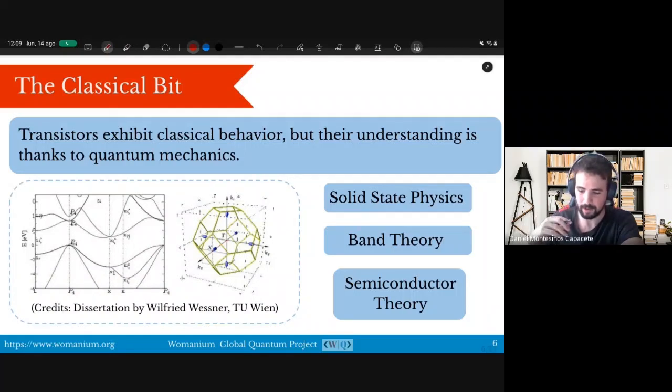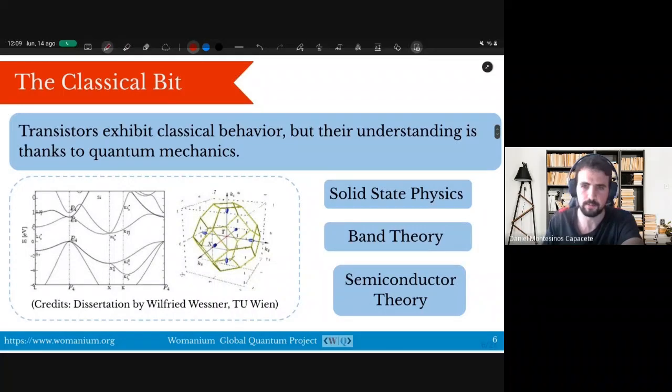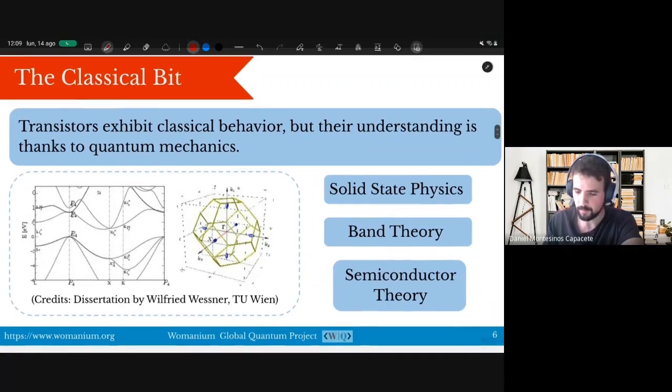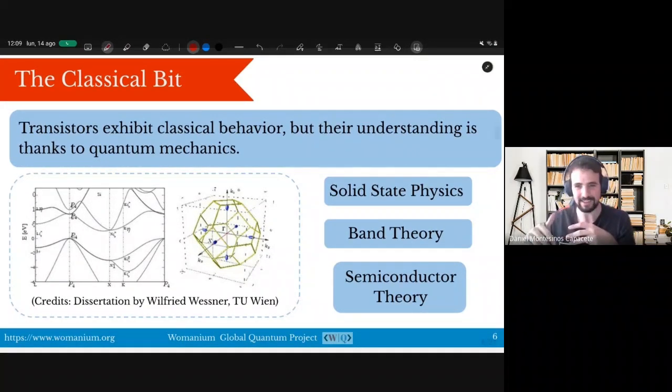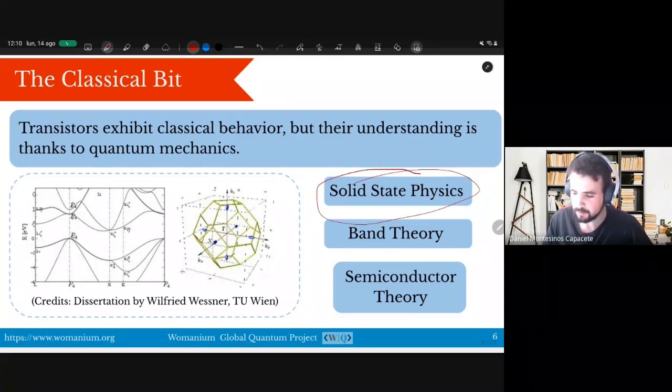The behavior of the transistor is classical, because at the end you have an equation, and the equation doesn't follow the rules of quantum mechanics. But in order to get the equation that tells you how a transistor works, you need to go very deep down to understand solid state physics, which has to do with the properties of materials, for example, how electrons move in the material.